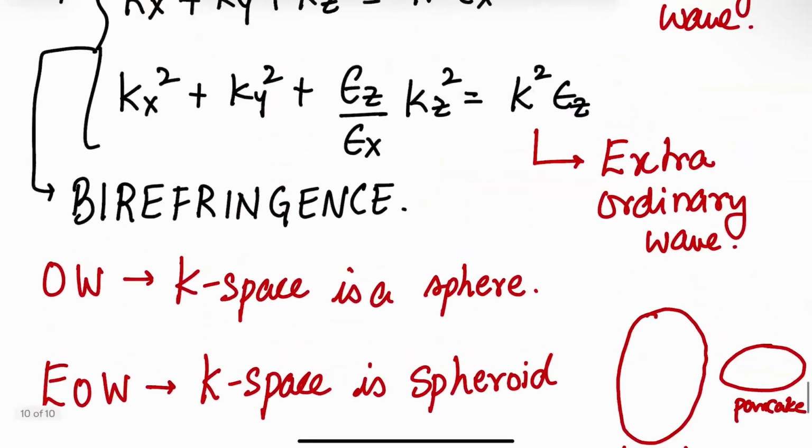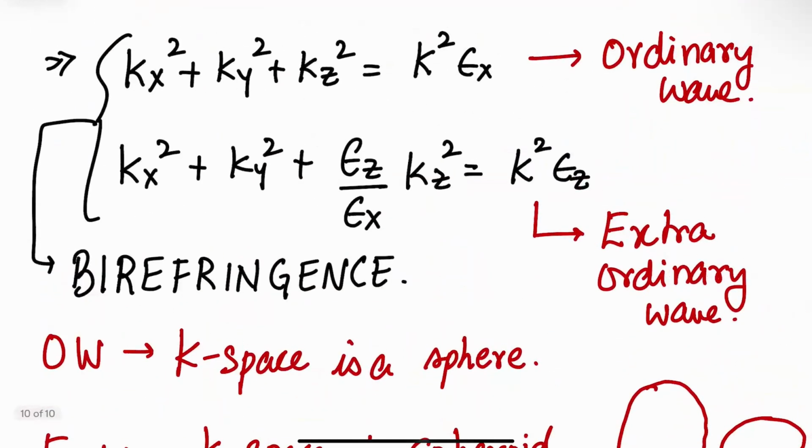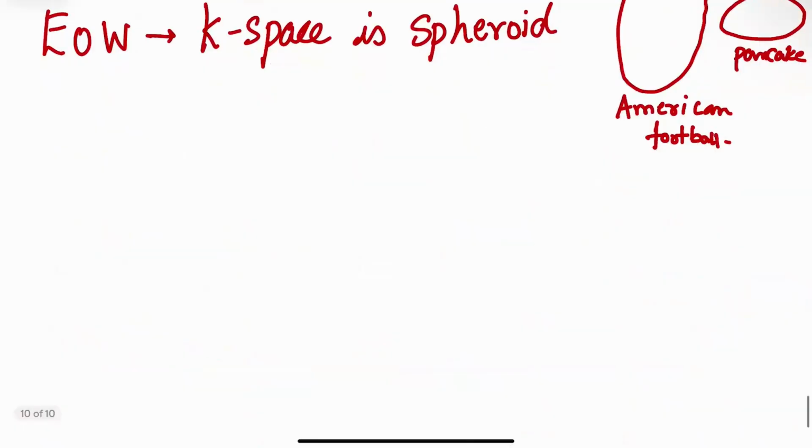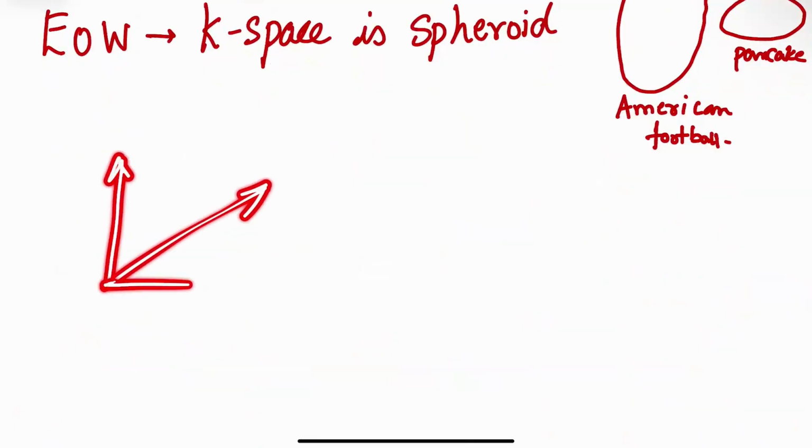So essentially, you can actually show that the ordinary wave corresponds to one polarization, and another polarization will be the extraordinary wave. So if you excite this medium with a diagonal polarization, one polarization will propagate at one speed, and the other will propagate at a different speed.